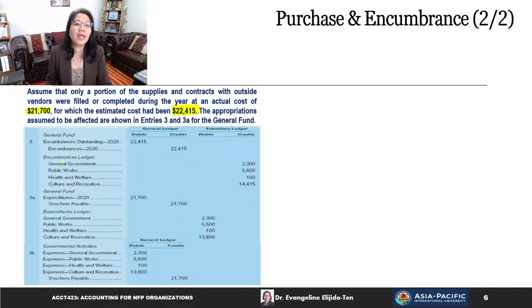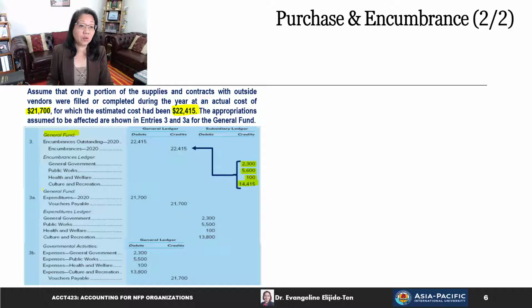And then we need to know as well how much of that is for general government. It says here $2,300. These figures will normally be given. Public works is $5,600, for health and welfare $100, and for culture and recreation $14,415. So the total of that will be $22,415.